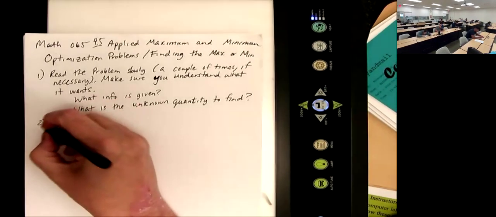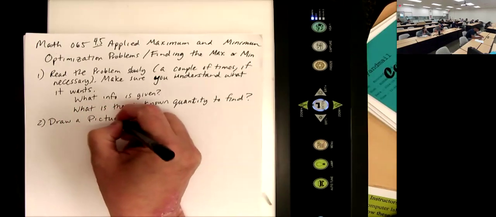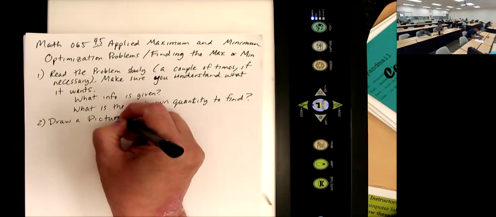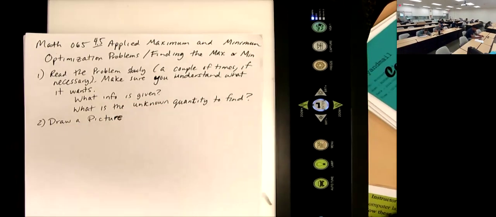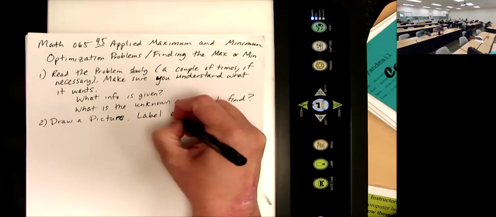Draw a picture. Label anything that's important to the problem.